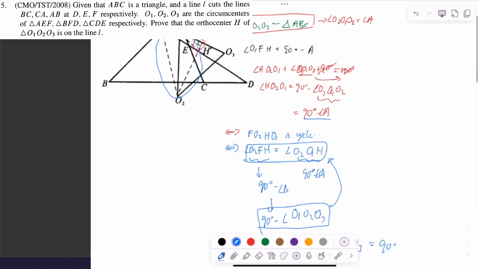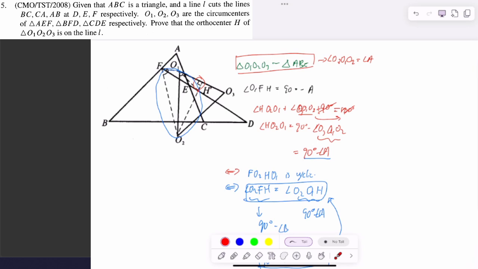Angle HO1O2. So angle HO1O2 plus angle O1O2O3. So this and this is 90 degrees. That means this angle left is 90 degrees.